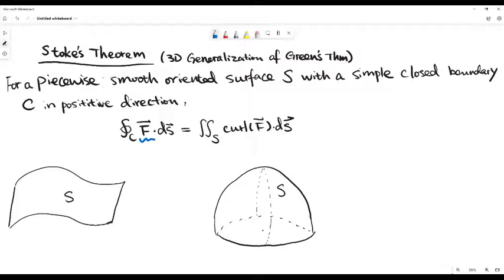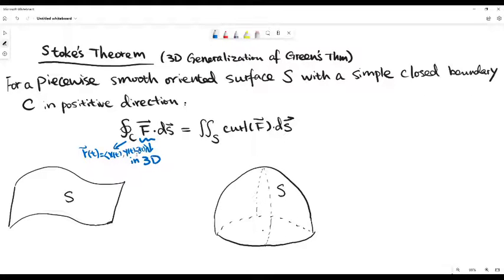We can have the vector field F be a three-dimensional vector field now. And our curve C would also be a three-dimensional curve, right? So the parameterization for this curve C is going to have three components, where we have x, y, z.